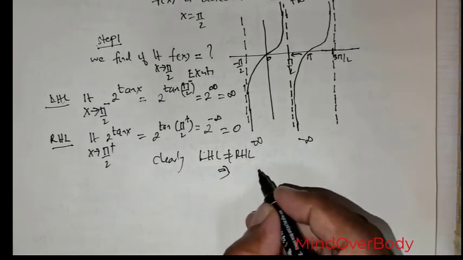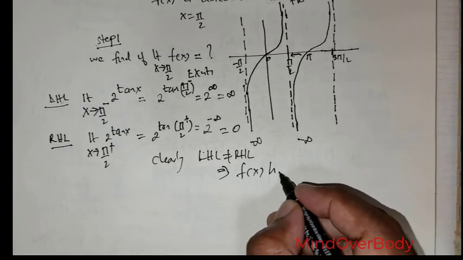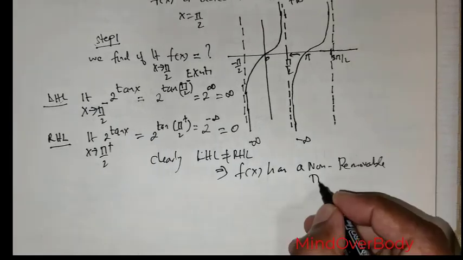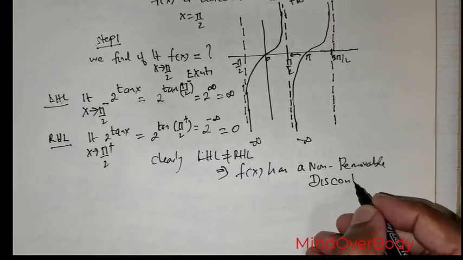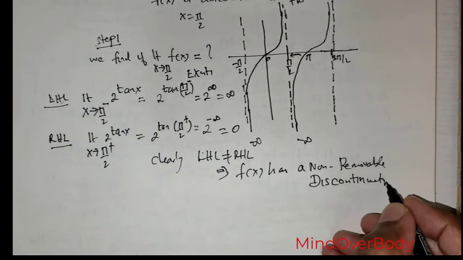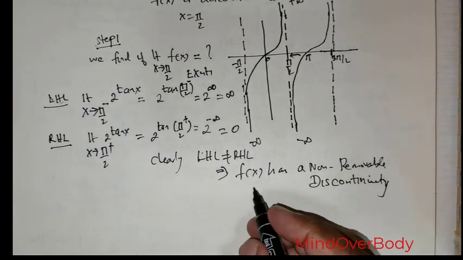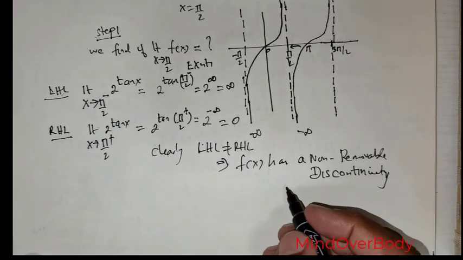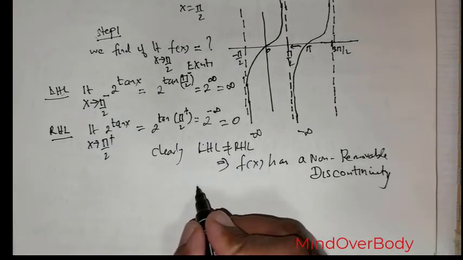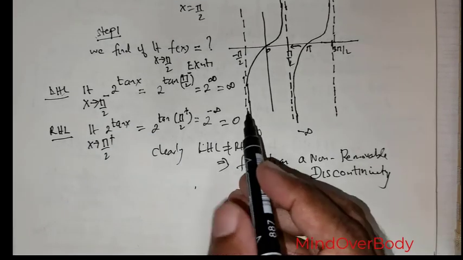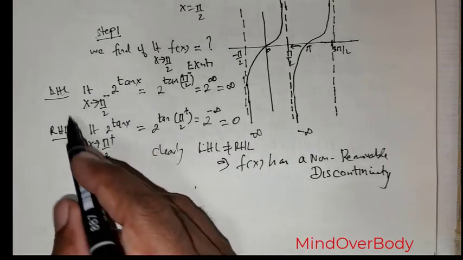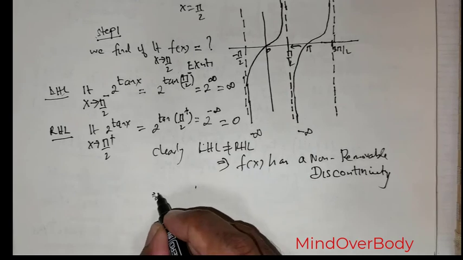So this would mean that f of x has a non-removable discontinuity. Once we know that f of x has a non-removable discontinuity, we need to find out what type it is, whether it's finite, infinite, or oscillatory. Clearly we see that one of the limits is infinity.